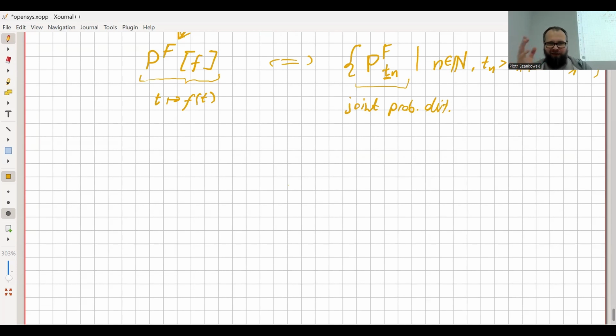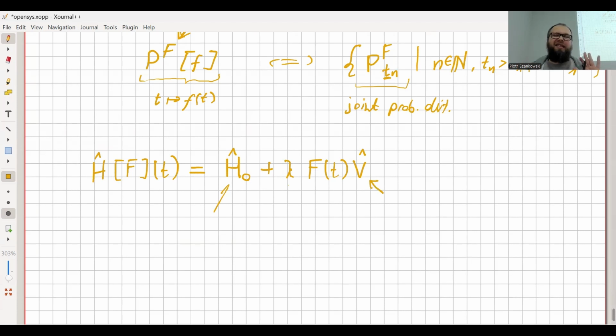In particular, throughout those couple of lectures, we will be talking about stochastic dynamics. We'll talk about Hamiltonians of the following form, H0 plus some V. Where H0 and V are just constant Hermitian operators, so they are not stochastic in particular.